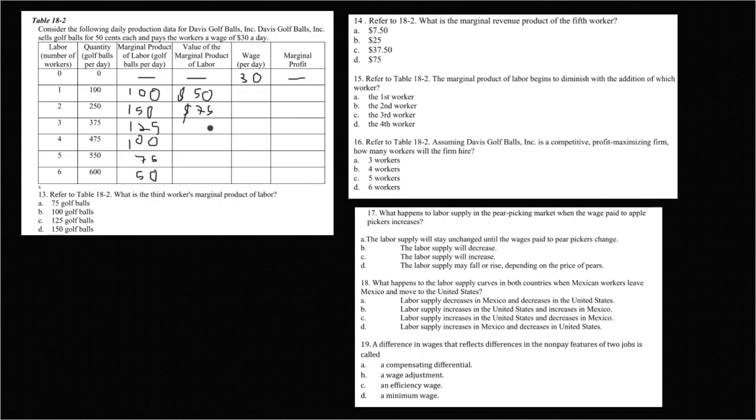125 divided by 2 is 62.5. Let's see here, 100, this is another 50. 75 over 2 is 37.5.